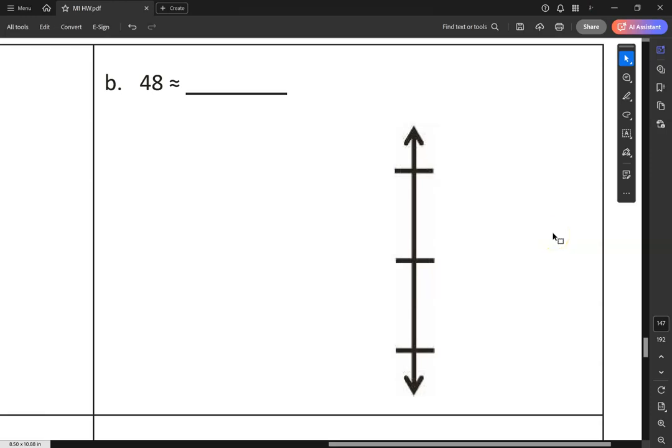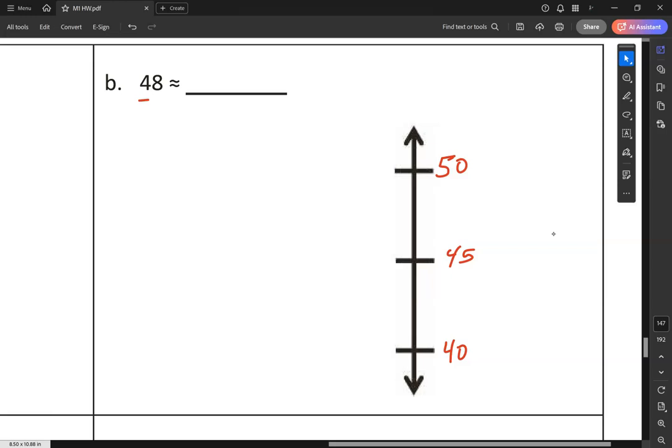Alright, next we have 48, rounding to the nearest 10. Start to figure out what tens 48 is in between. Between 40 and 50. Our halfway point would be 45. So I'm looking for 48. I need to plot 48.